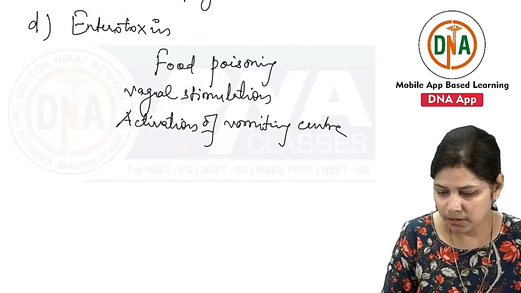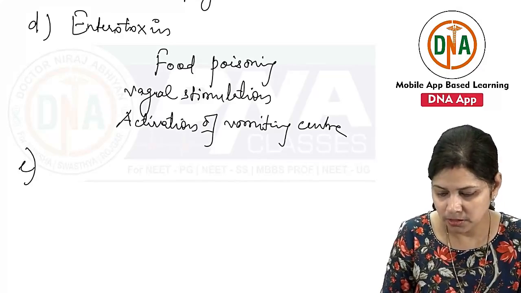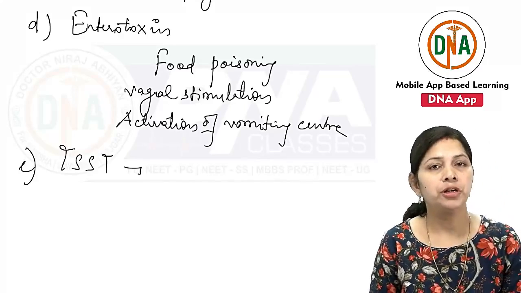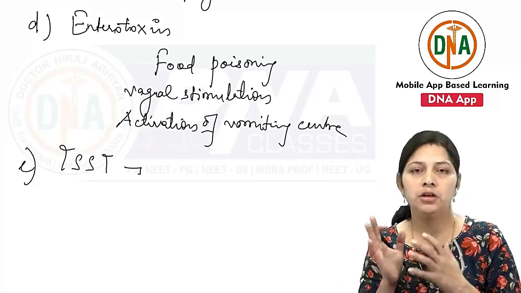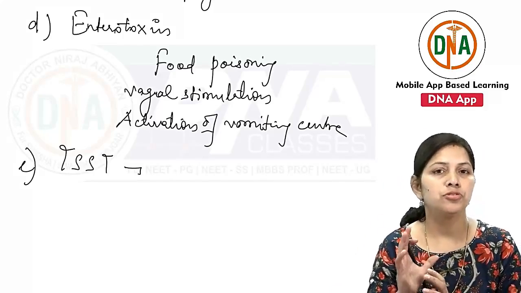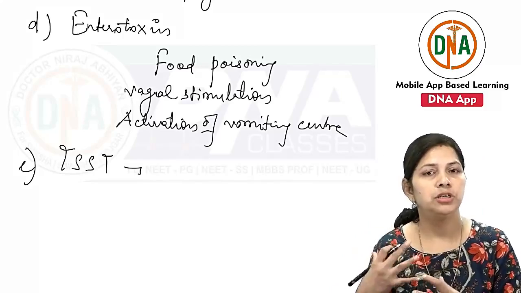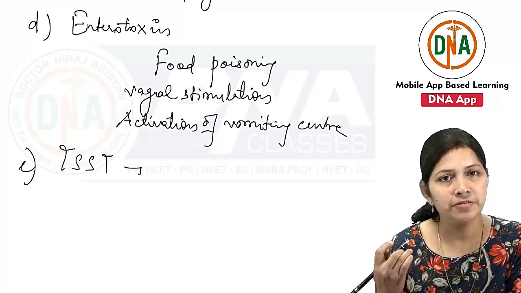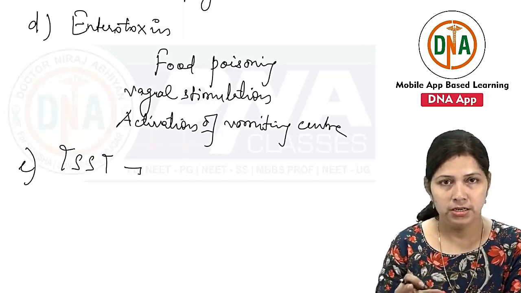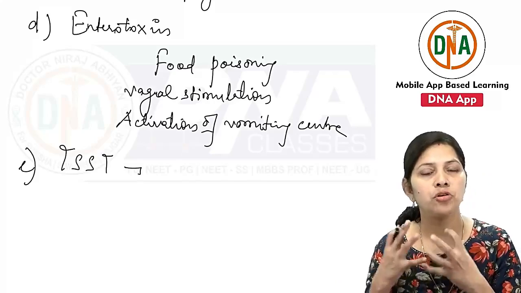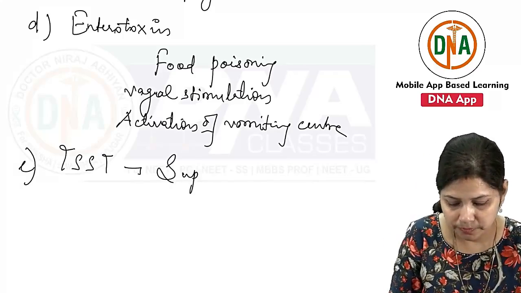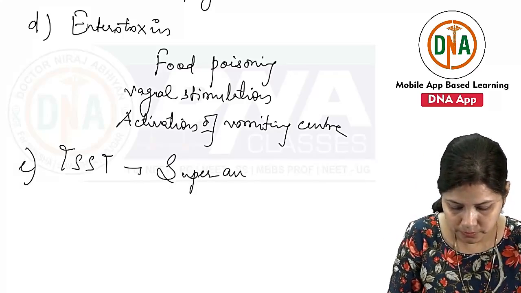Okay, and the next is the toxic shock syndrome toxin, very important for the Staphylococcus pathogenicity. Toxic shock syndrome toxin is associated with a huge amount of inflammation, because it is a very strong type of antigen, because this acts as a superantigen.